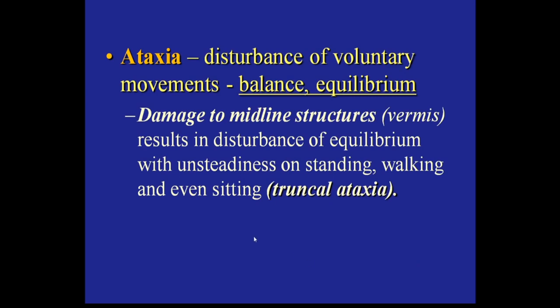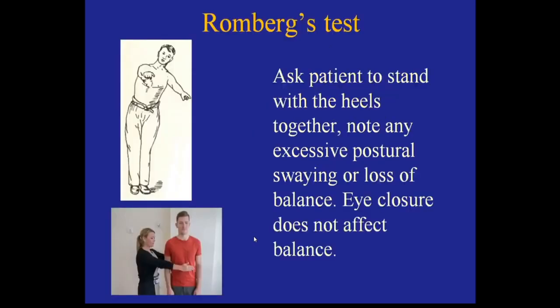Damage to midline structure, vermis, results in disturbance of equilibrium with unsteadiness of standing, walking, and even sitting. The name of this ataxia is truncal ataxia or sometimes static ataxia. How can we check? By Romberg test. Ask patient to stand with the heels together.